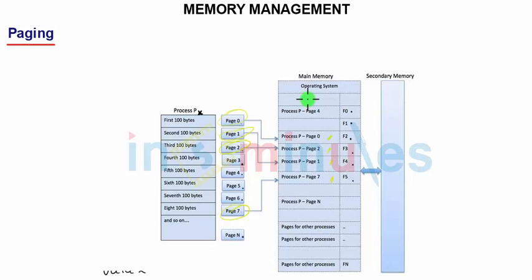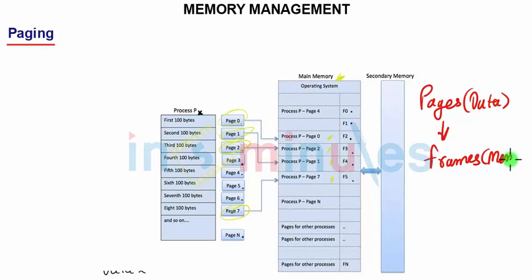We divide the available space, whether it is storage, data, file or process, into pages, and we divide main memory into frames to store pages. So ultimately we can understand it as: pages will be stored in frames. Pages of data, frames of memory.